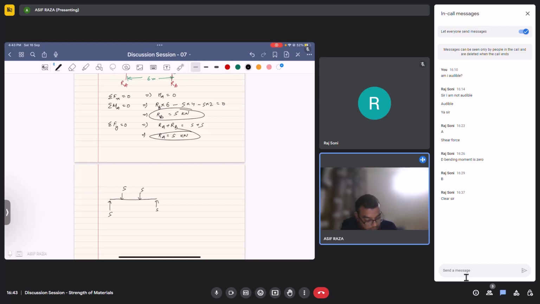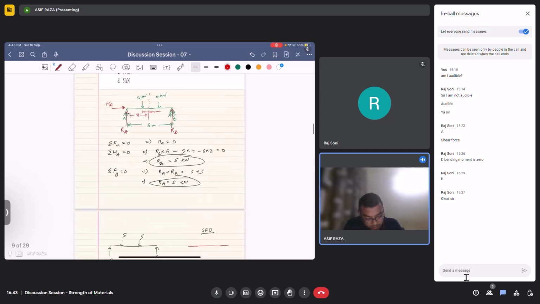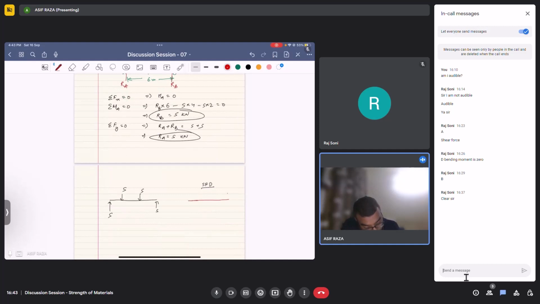Okay, so for this my shear force diagram would be, right side upward 5, so it should be like this.